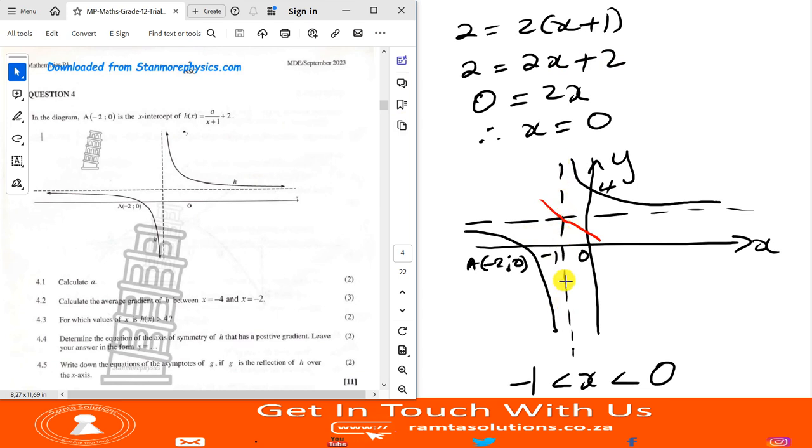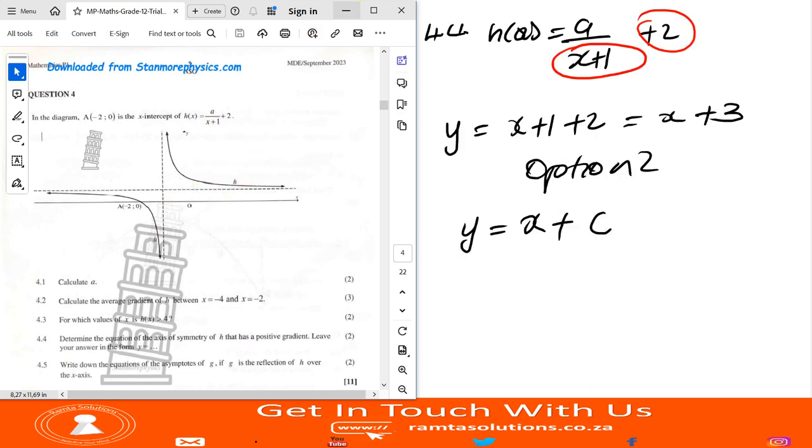The x value here is minus 1. What is the y value? It's 2, right? Which is this value here, the horizontal asymptote. So it's minus 1 and 2. So at minus 1 and positive 2, where there's x you put minus 1, where there's y you put 2.